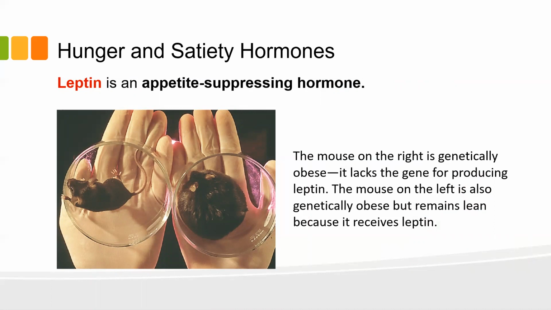But the one on the left, they actually genetically removed the gene for leptin. And so it stopped overeating, whereas the one on the right tends to overeat. So there's something here, definitely. And maybe someday we'll figure out how to deal with these things. But again, humans are always looking for easy fixes, aren't we?